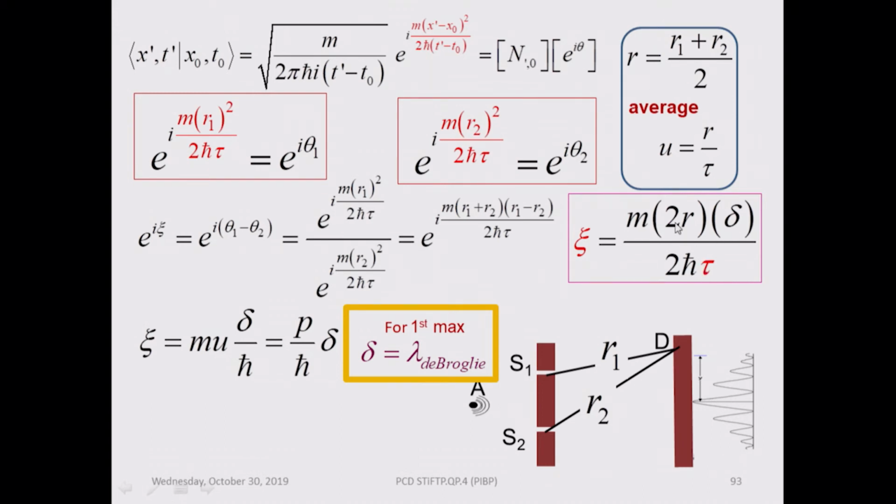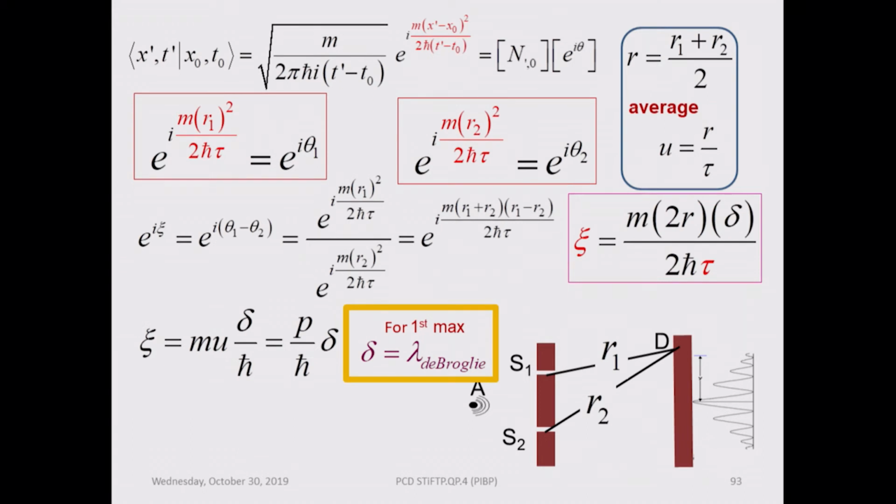Tau has already gone into u. So, you have mu delta over h cross, and this is the momentum over h cross, okay, times delta. And now you can recognize that the path difference is like the de Broglie wavelength.